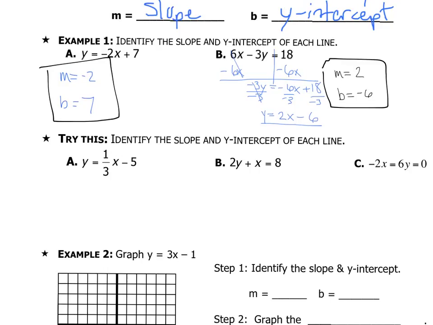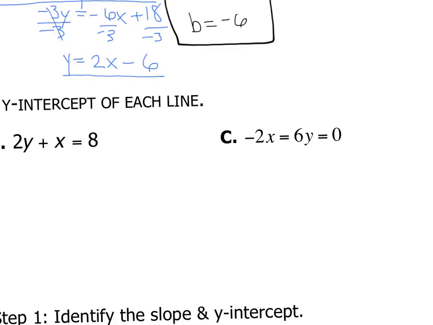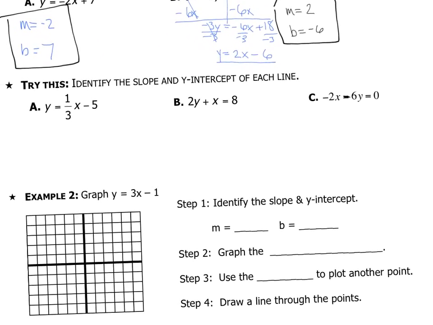I'm going to have you pause the video and see if you can do A, B, and C. The only thing is here with C, there's a typo. This should have been minus. So just change it to a minus sign. And go ahead and try A, B, and C.